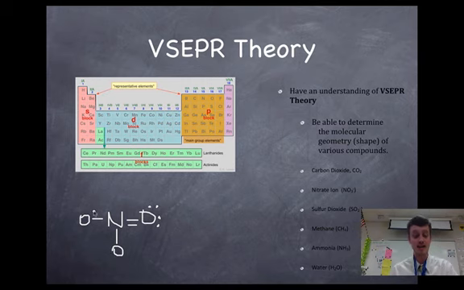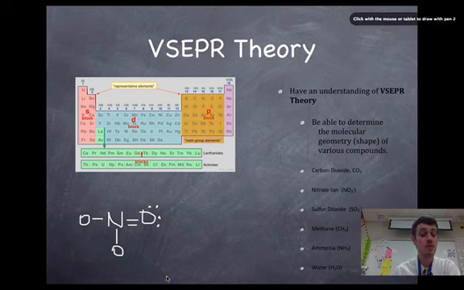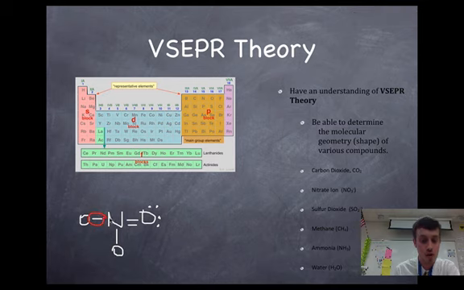My next step is to find out how many areas of electron concentration I have. First I'm going to count how many things are bonded to it. How many bonds do I have? Here I have 1, 2, 3, and I have 0 lone pairs.